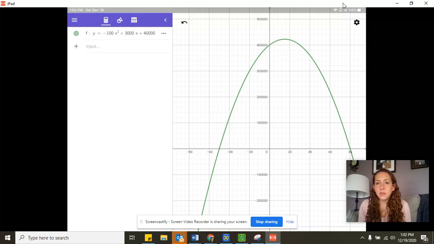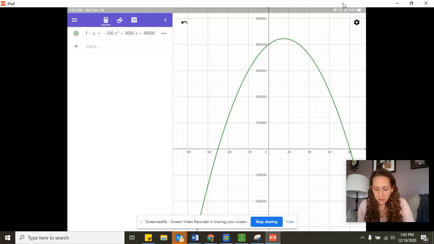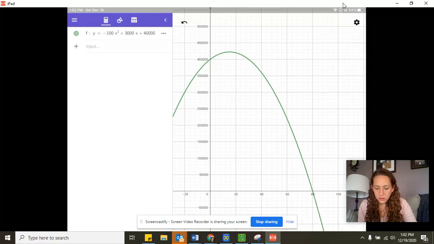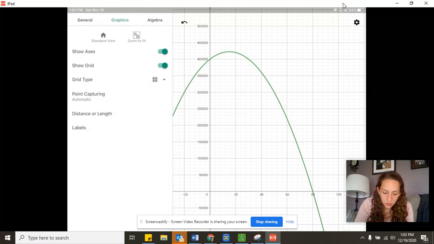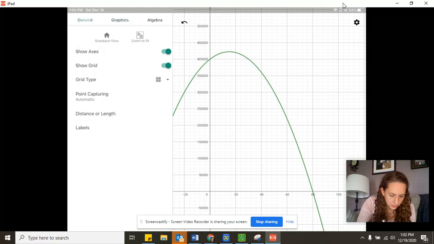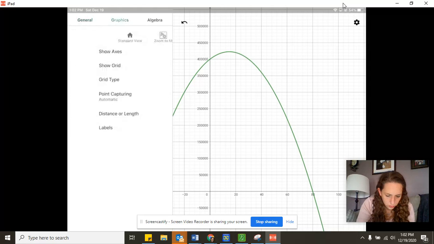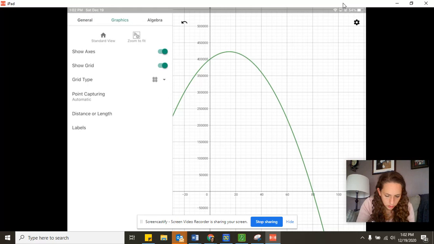Now, if you don't have a touch screen, if you're doing this on a computer, you are going to have to look at the settings and let's see. You can click zoom to fit and it should fit it in there.